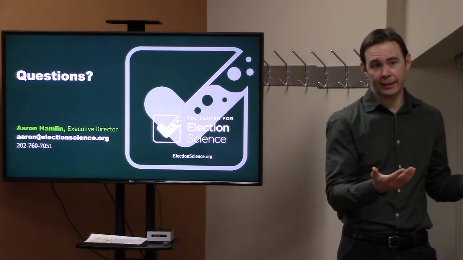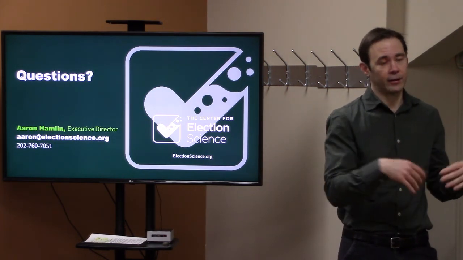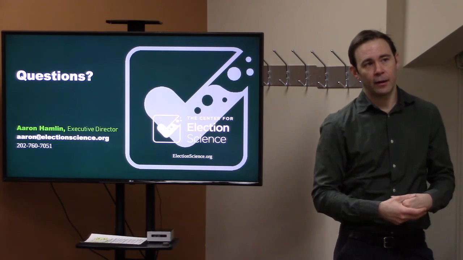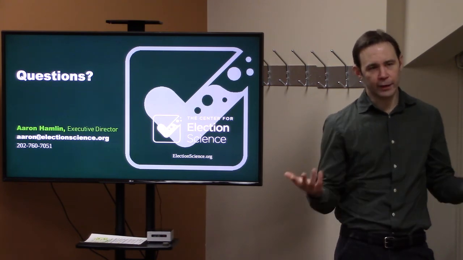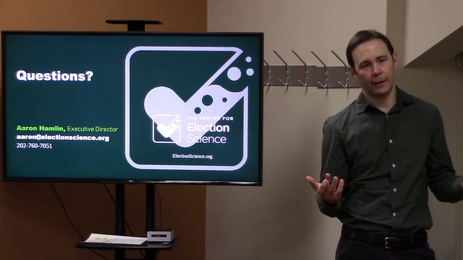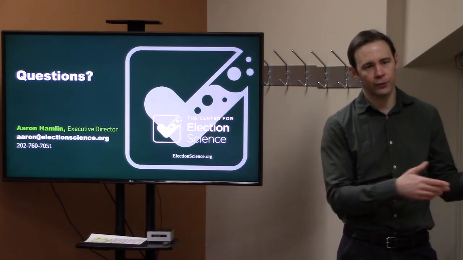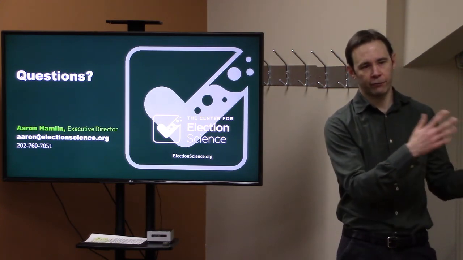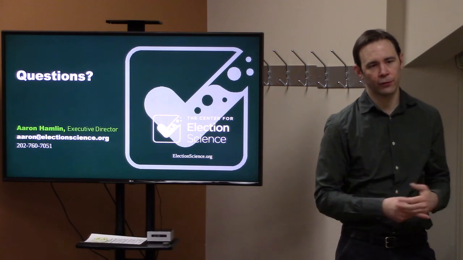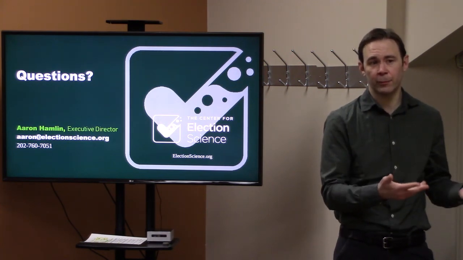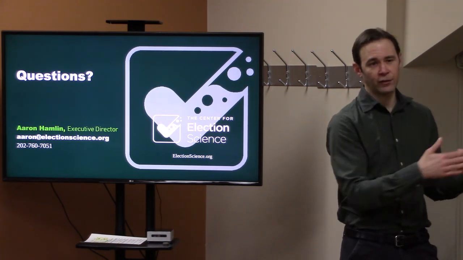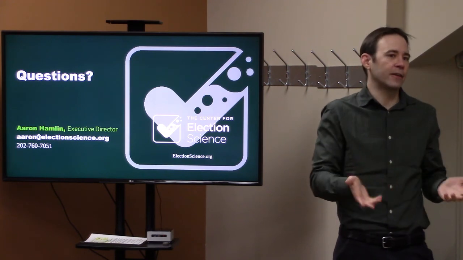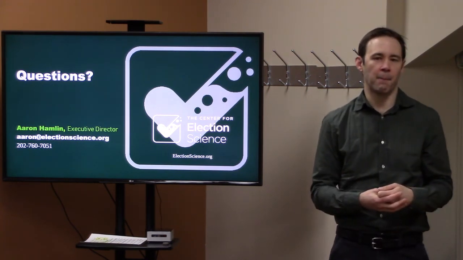But that's the way to do it. Say you've got 20 seats or something like that. You can divide it into quadrants and have 5 seats in each quadrant. That will give you some geographic representation, and it would also give you some proportionality. So it's kind of a compromise.